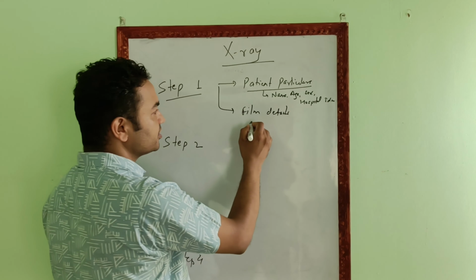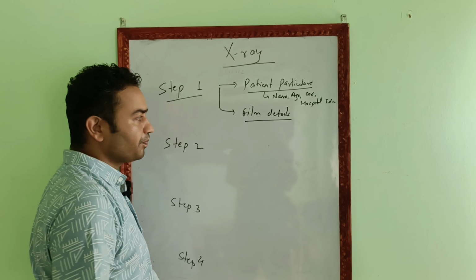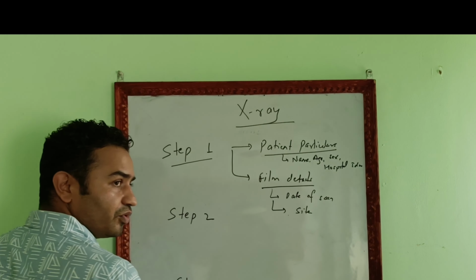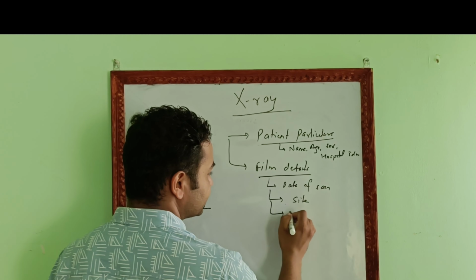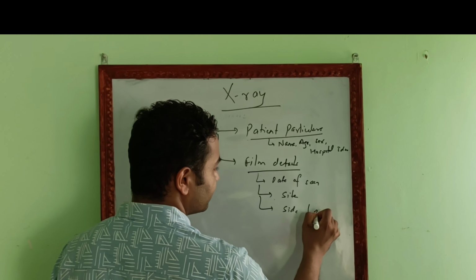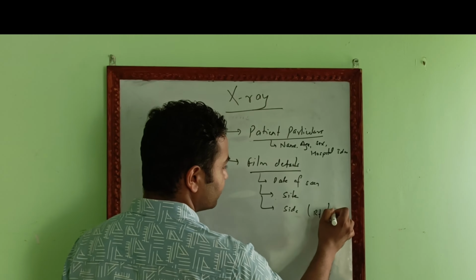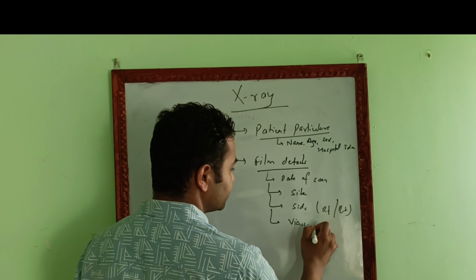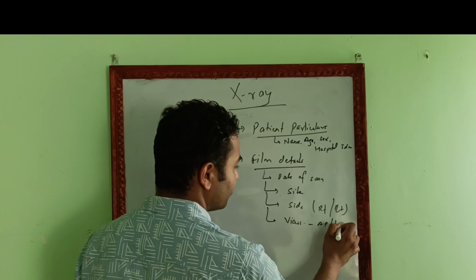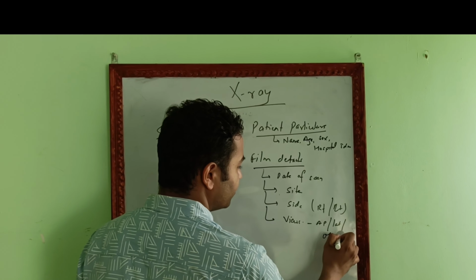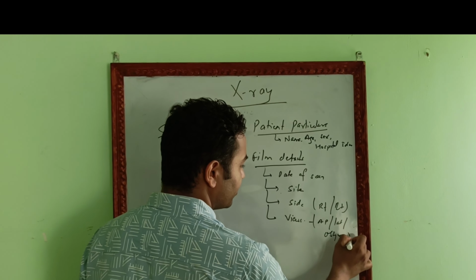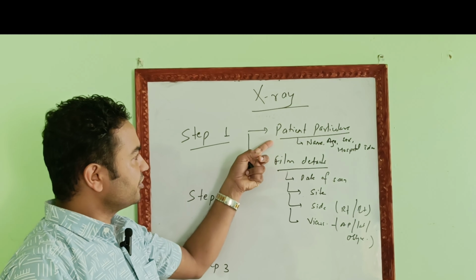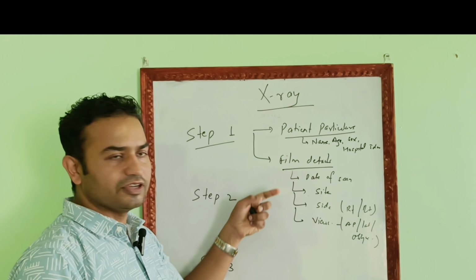And in the film details, you check for the site where the X-ray is, the side, whether it is right or left, and the views, whether it is AP or lateral or oblique or any special views. So this is the patient particulars and the film details.